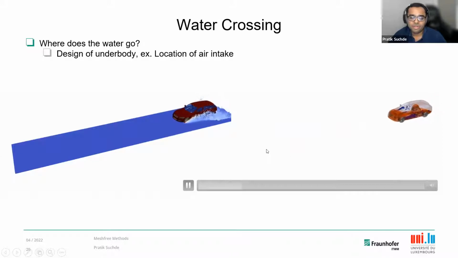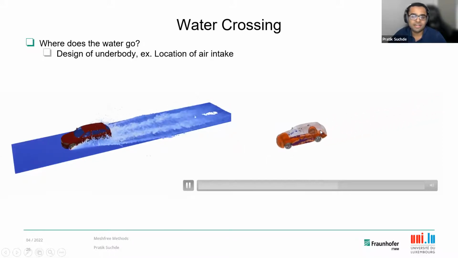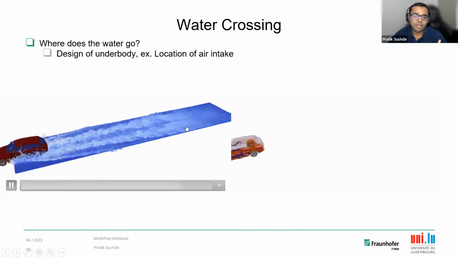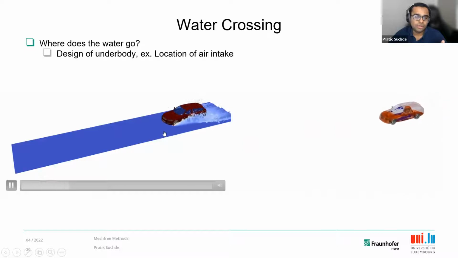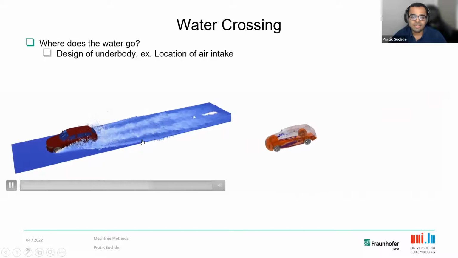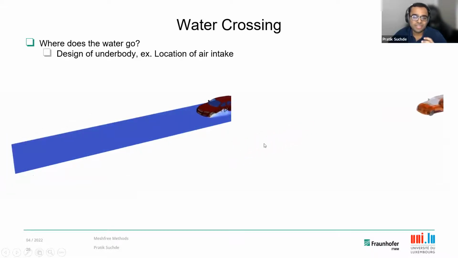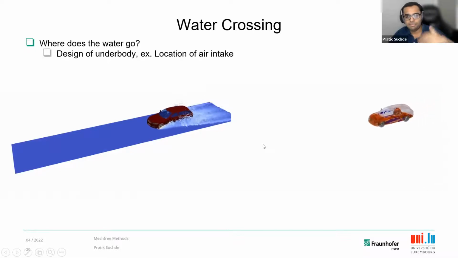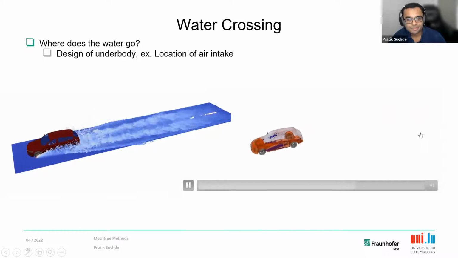In Europe especially, most manufacturers now require these kinds of simulations, where you want to check what happens when you take a car and make it go through a pool of water of a certain thickness at a certain velocity. Can the car still function? And of course, doing experiments for this is extremely hard because they need to keep changing the design of the car. So it's much cheaper to do simulations.